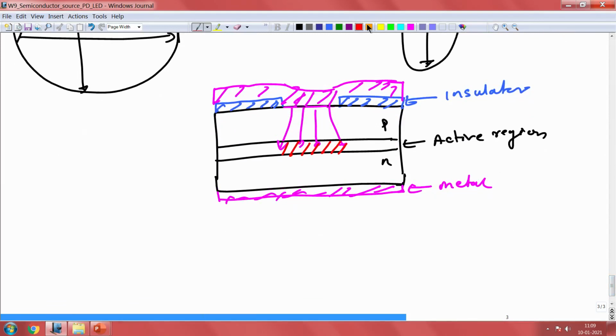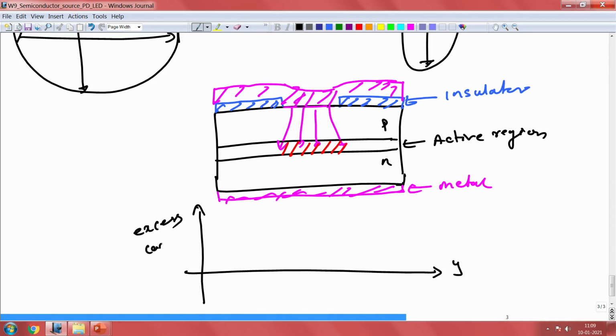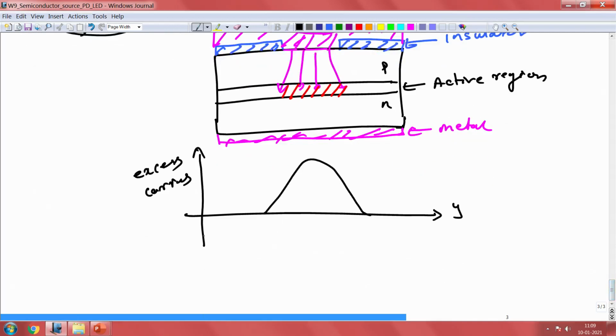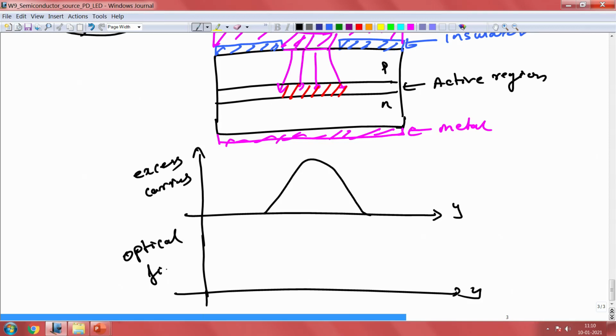So, let us draw how it looks as a function of distance, right. Here the excess carriers are important, right. The excess carriers are only confined in this particular place, and then again our optical field will also be confined only in this region.